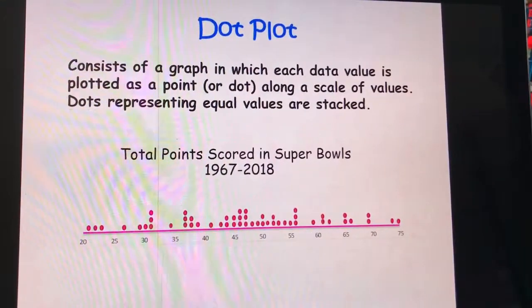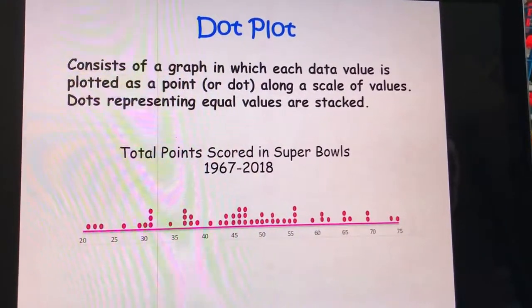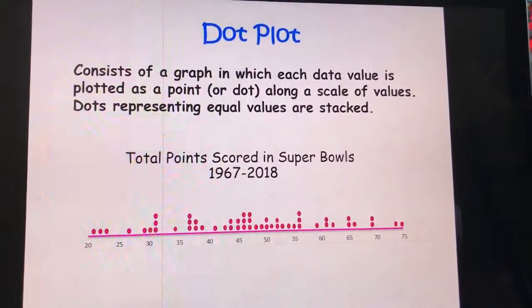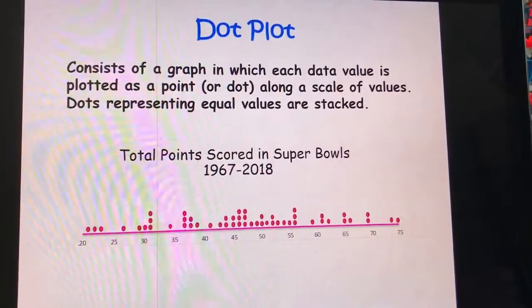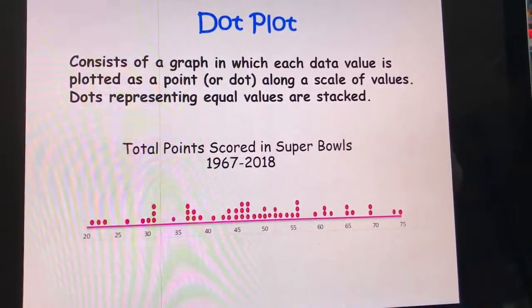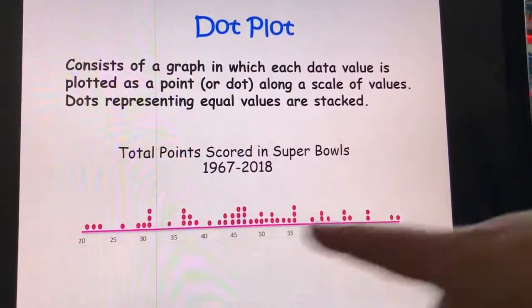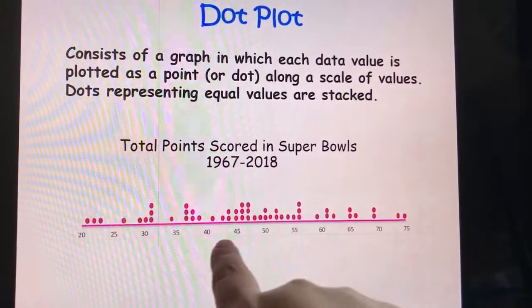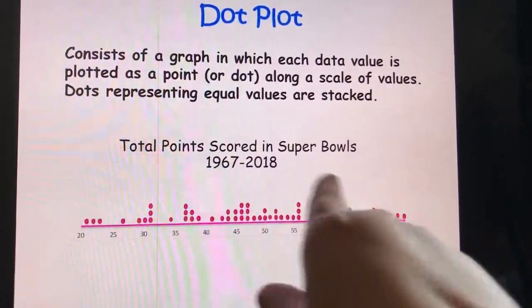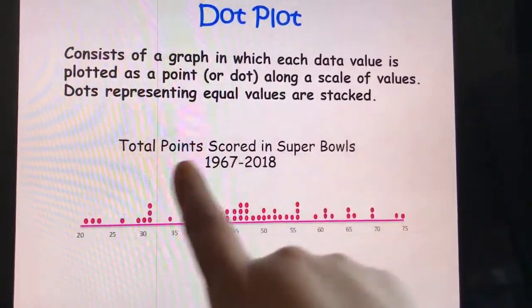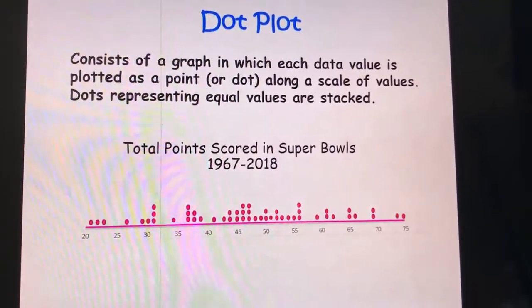A dot plot consists of a graph where you have a number line, basically, and then dots. You put a dot for each data value you have, so every dot corresponds to a different data value. This actually allows you to get the original data values from the graph.